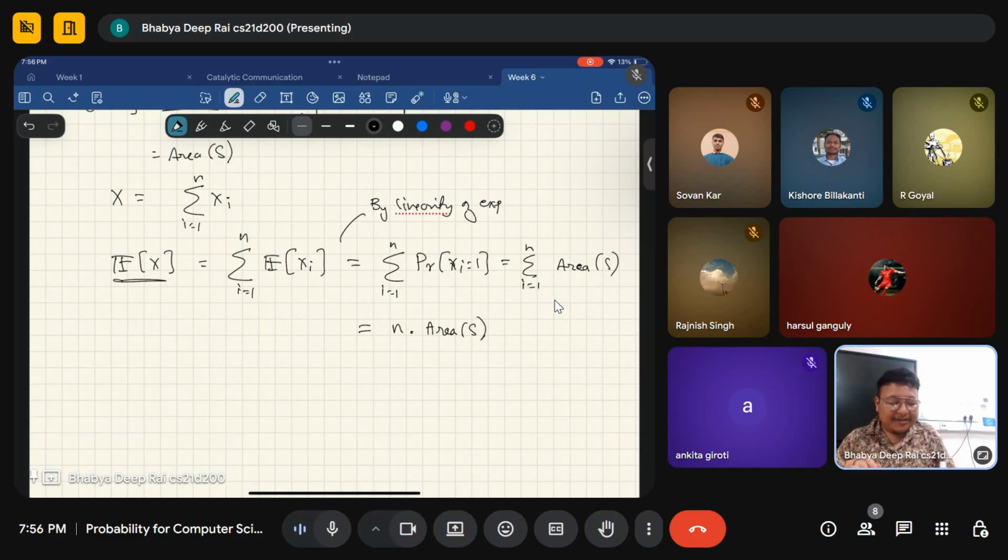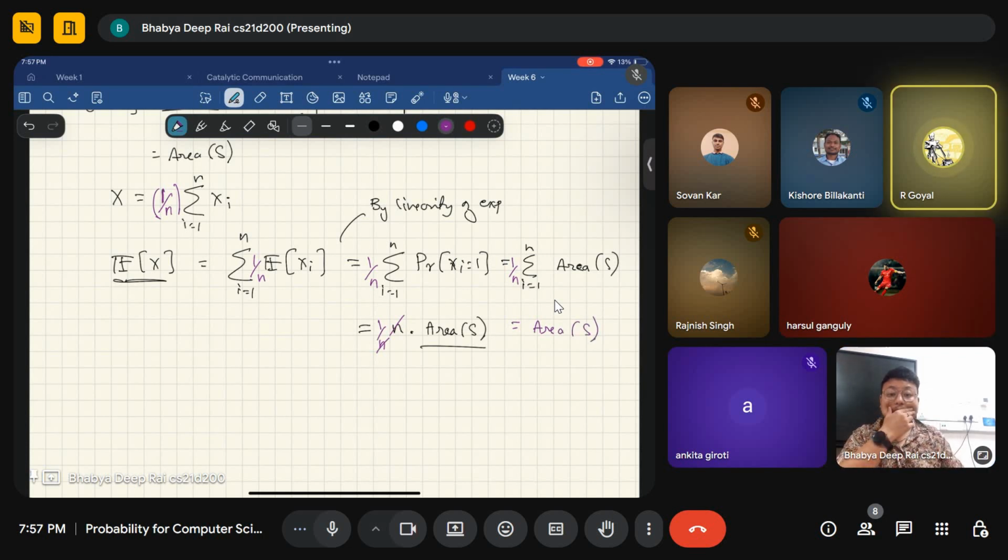In fact, I can make the expectation equal to the area by just setting the random variable to 1 by n times this sum, and this 1 by n I can take outside. Why require this 1 by n? Since every xi itself is Bernoulli, the overall expected value came out to be n times p.